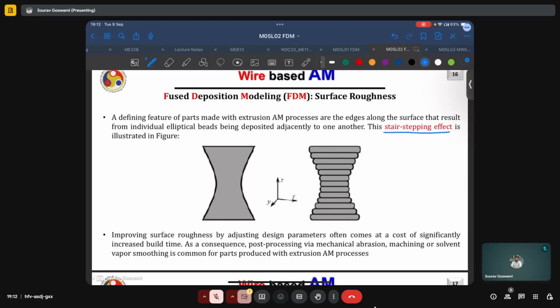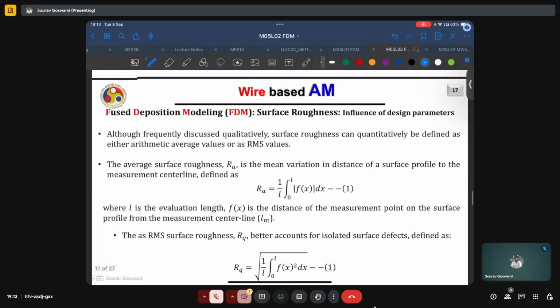And improving this surface roughness by adjusting the design parameters often comes at the cost of significantly increased build time, which cannot always be afforded and is not feasible all the time. As a consequence, post-processing via mechanical abrasion, machining, or solvent vapor smoothing is pretty common for parts produced with extrusion AM processes.